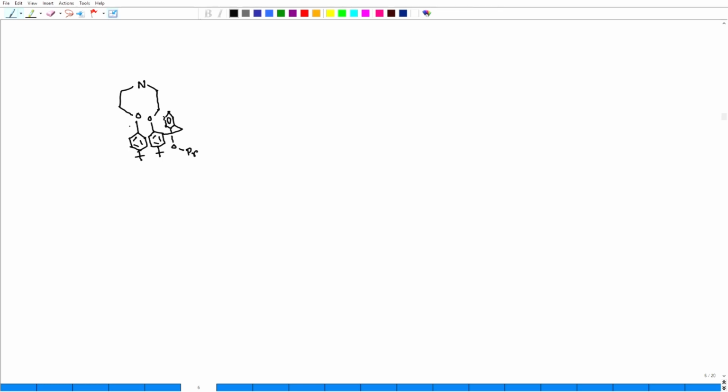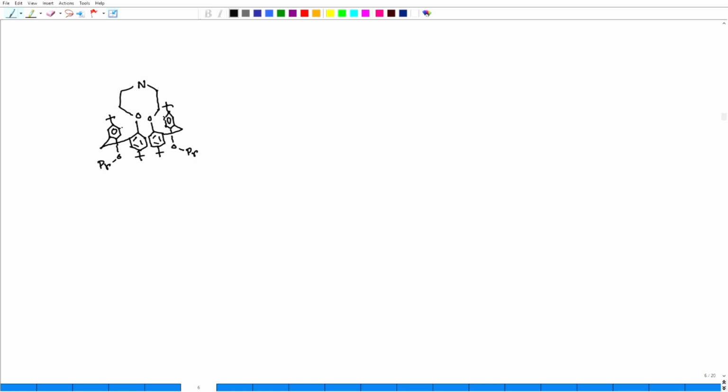Let me write this, at least a shortcut. Let me draw this way.